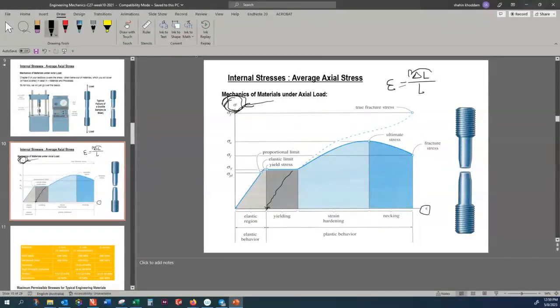Beyond some limit, the material would keep deforming. From here to there is not of interest for a structural engineer. These are too dangerous. Even that yield point is too dangerous.